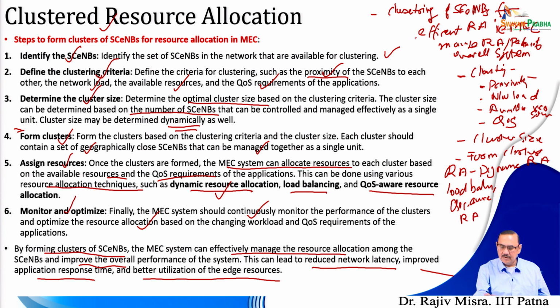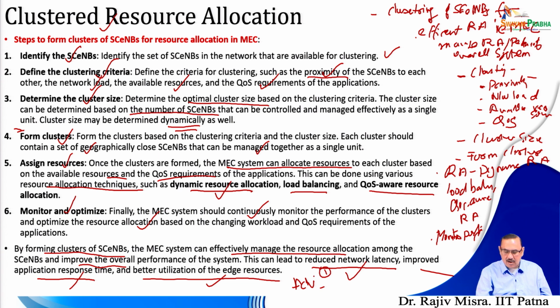Then it will also enable to monitor the performance. So, clustering has so many advantages that overall performance of the system is under the control and thereby it can lead to the reduced latency, improved application response and better utilization of resources. These are the advantages.